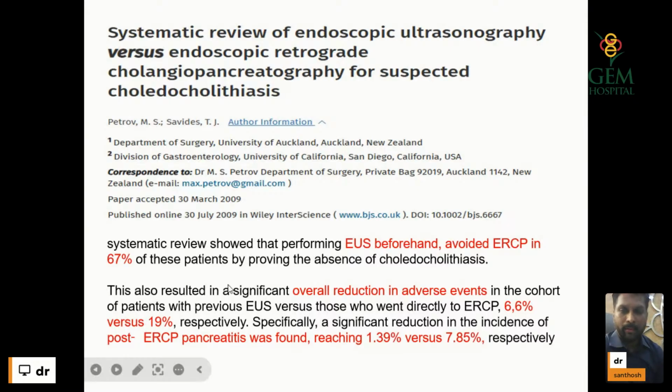It also showed a significant reduction in adverse events in patients with previous EUS compared with patients going directly to ERCP: the adverse event rate was around 6.6% versus 19%. Post-ERCP pancreatitis was also lower in patients who underwent EUS before ERCP.